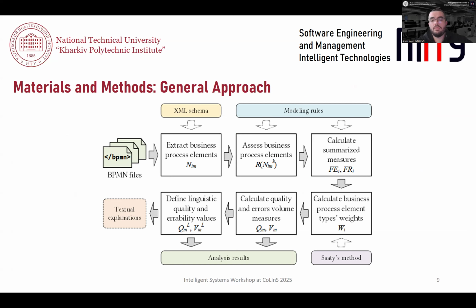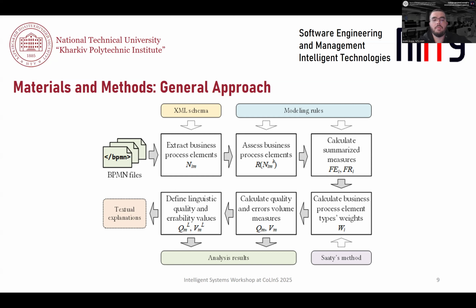Then using the fault rate, we calculate business process element type weights using Saaty's method by completing the judgment matrix and using the well-known pairwise comparison procedure. Then we calculate quality and errors volume measures and define linguistic quality and errability values and transform them into textual explanations on the quality and errability of business process models under analysis.